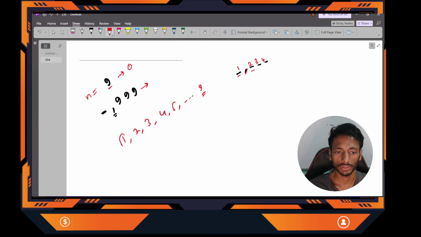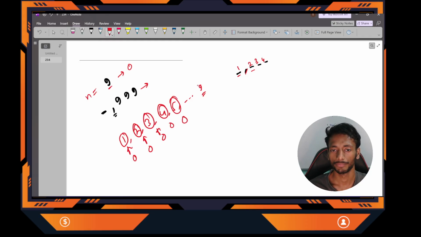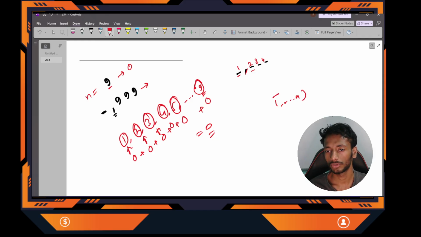We have to check each individual number for how many commas are present: here 0, here 0, here 0, again 0, here 0, here 9, also no comma. So our total is 0 plus 0 plus 0 plus 0, ultimately 0. Got it? So we have to check all the numbers from 1 to n, check for each number how many commas are present, and add that up, and ultimately return the total number of commas I have seen, right?